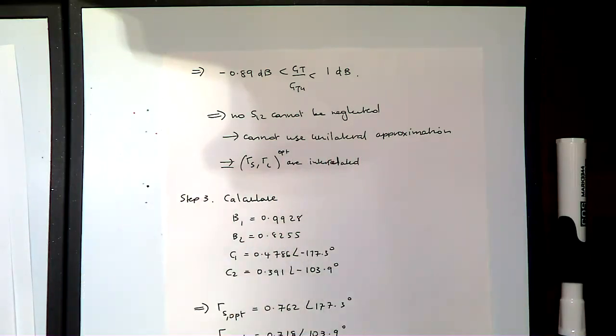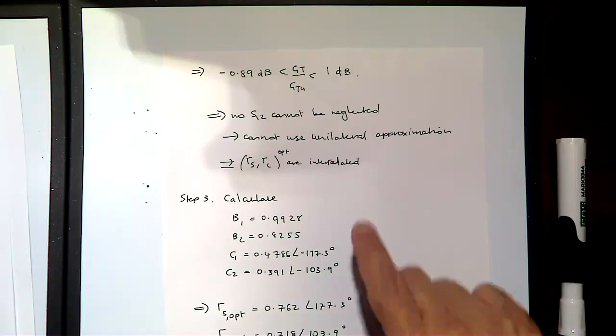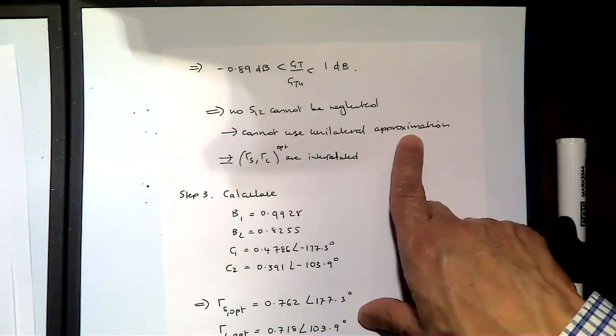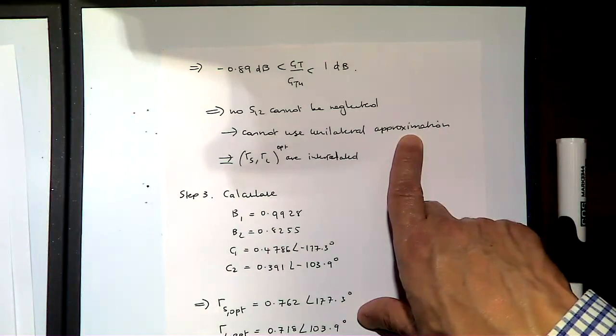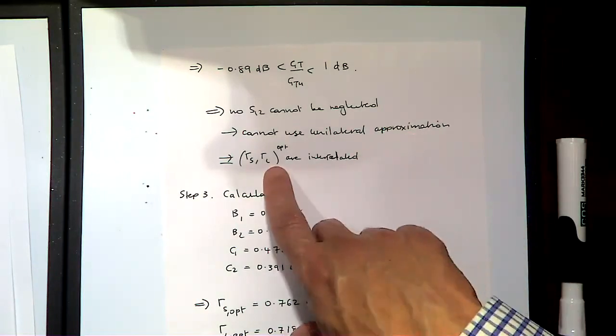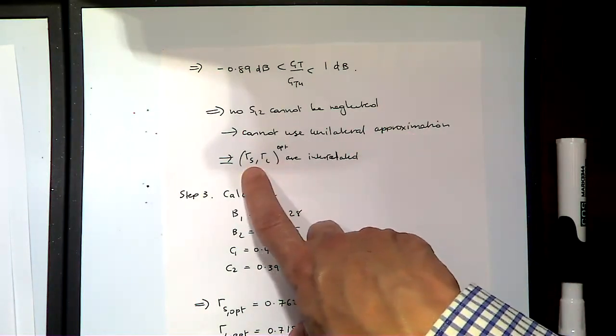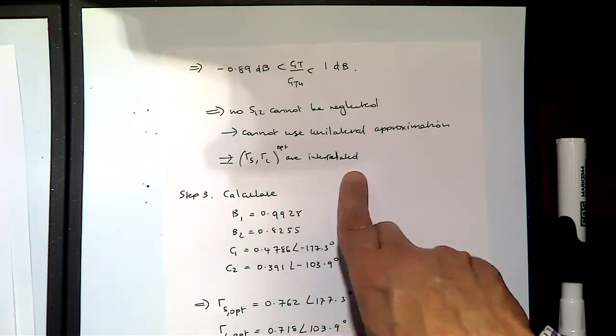S12 cannot be neglected. Cannot use unilateral approximation. And gamma S and gamma L optimal are interrelated.